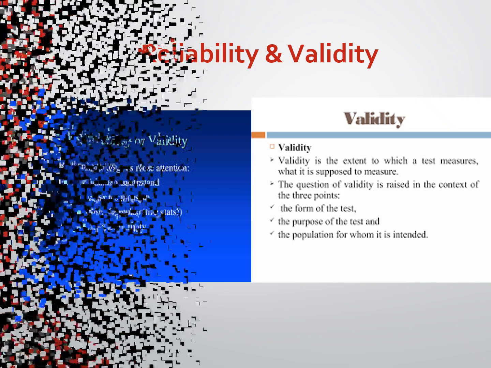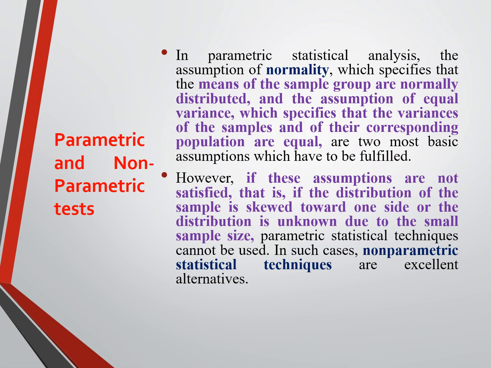Now, when we talk about the parametric test, there is the assumption of normality, that is a bell-shaped curve. We specify that the means of the sample groups are normally distributed, and there is an assumption of equal variance.